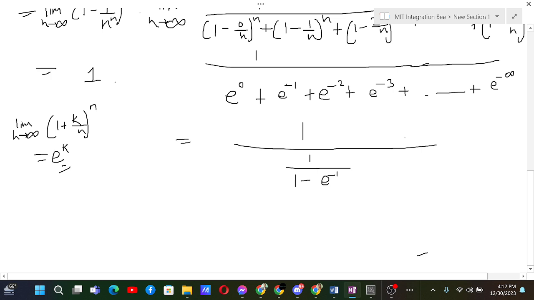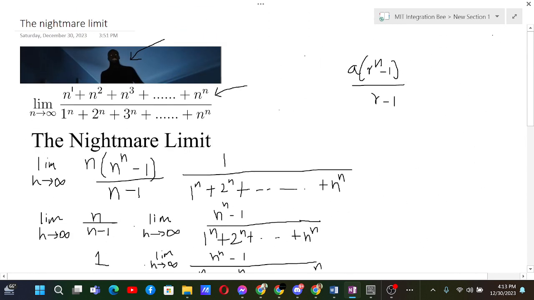So we get 1 by 1 minus e to the power minus 1, which is 1 minus 1 by e in the denominator. This is the answer. So basically for this problem, the solution is 1 minus 1 by e.